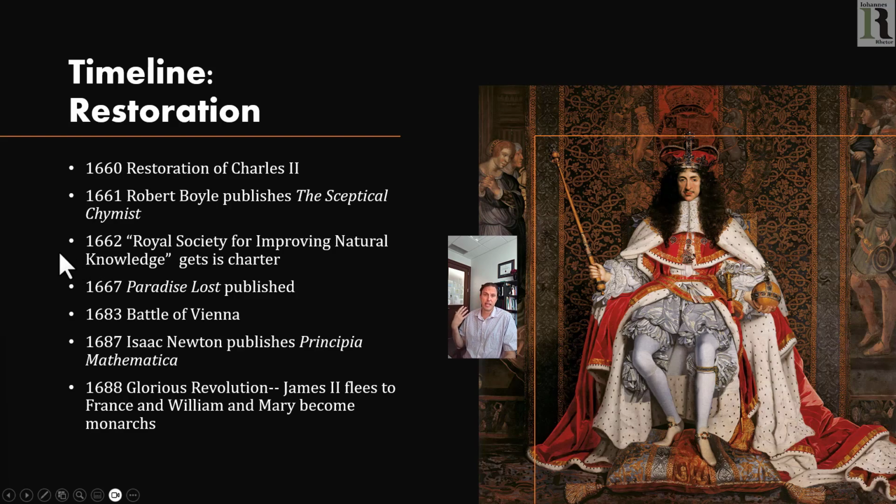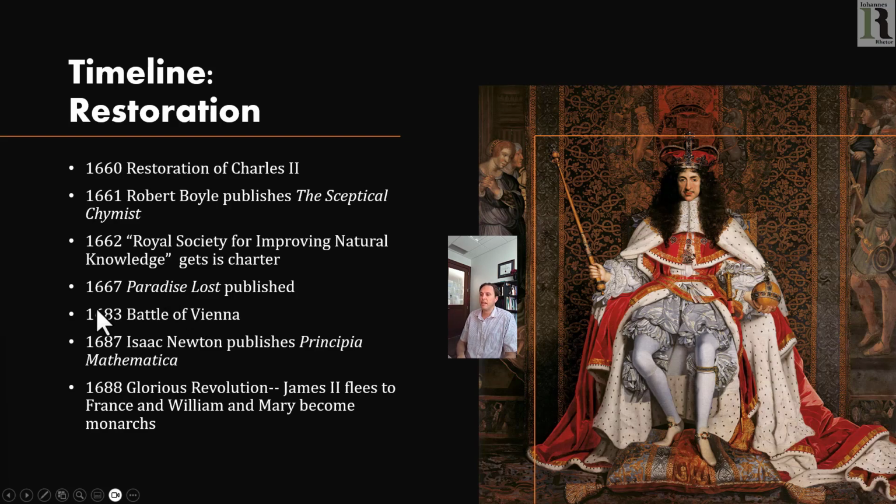And you get the establishment of scientific journals and the experimental methods, and really this is when the scientific revolution starts kicking into high gear. One of the greatest works of English poetry, though, and a very religious work, Paradise Lost, is published in 1667 by John Milton.